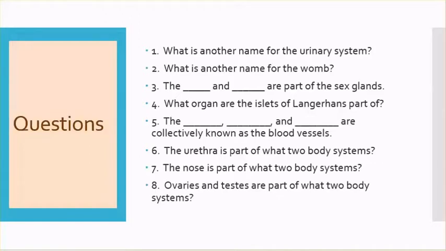Number 7. The nose is part of what two body systems? Number 8. Ovaries and testes are part of what two body systems?